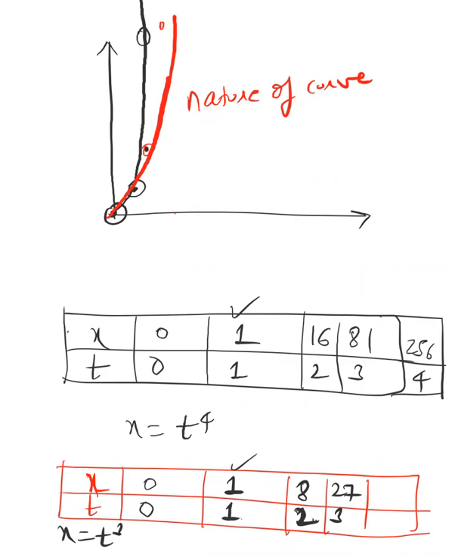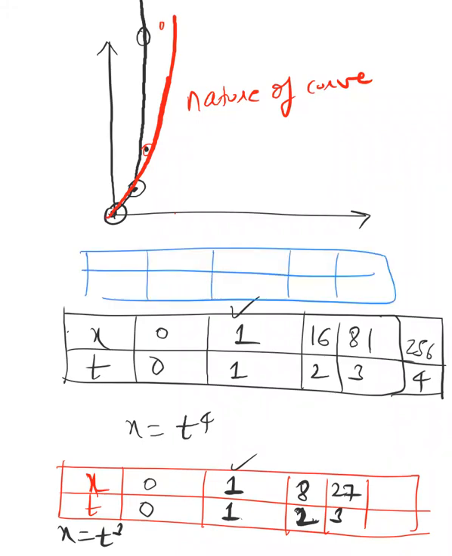I'm not able to draw it exactly, but I can show you in some way. Then t squared: if you see the t square curve, 0, 0, 1, 1, 2, 4, it will be somewhat in this region.